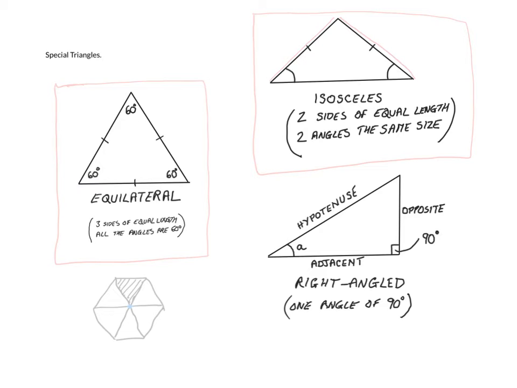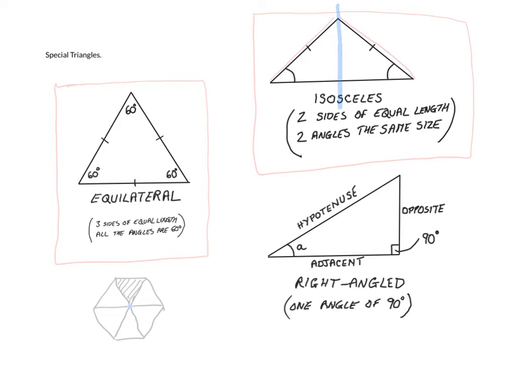And that means, if you draw a line down the middle here, then the triangle's exactly the same on both sides. In other words, if that was a mirror, it would be a reflection of itself.